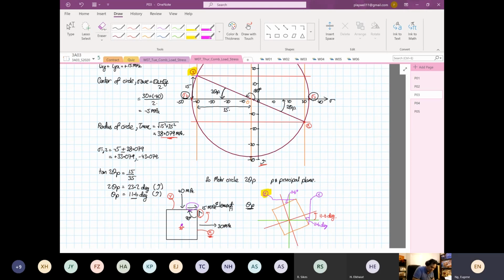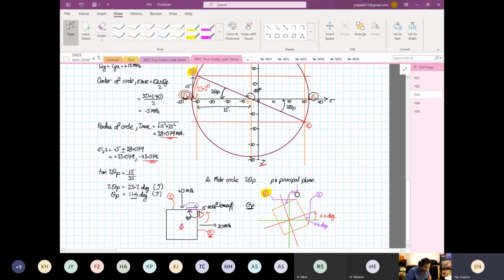Okay. So from Y, I'm going to rotate 11.6, or on Mohr circle is what? It's 23.2, right? And stress 2, what is the stress value? It's equal to what? 43.079.